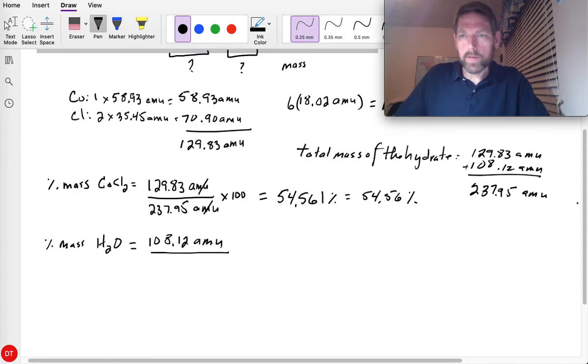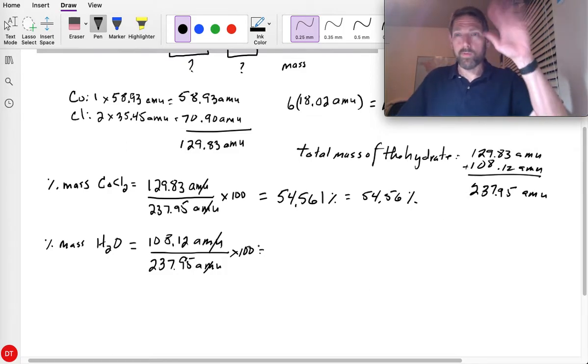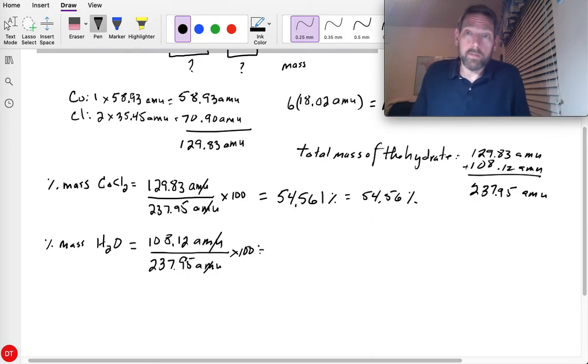And that was out of our total, which is 237.95 AMU, units gone, times 100. I know I say it a lot, but I can't overemphasize it. It's about the units. In class, constantly, for years, it's the same mistake over and over again. Even the brightest people will say, call me over, Tib, is this right? I'm like, I don't know, is it? And if you would follow the units and you see the units cancel out, you can trust your answer.